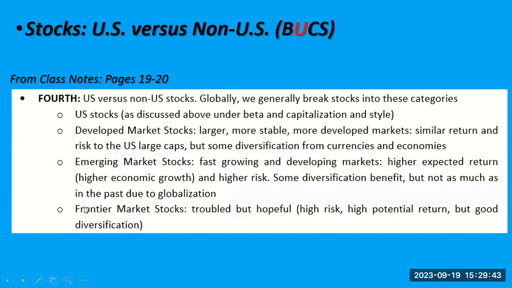And in frontier markets, you're willing to lose it all. These are countries that are in serious trouble. But if they can get it worked out, you'll make 5,000%. If they don't get it worked out, you lose 100%. So a lot of upside, a lot of downside. I don't invest in frontier markets, but there are frontier market mutual funds out there.